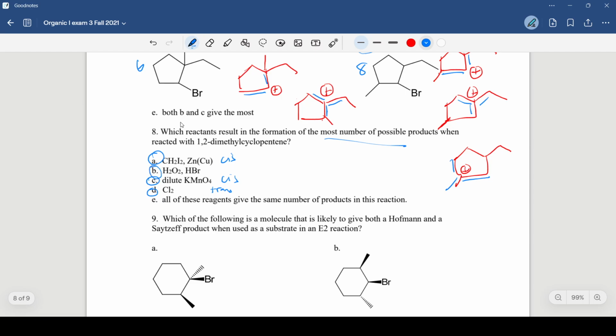This one does anti-Markovnikov, right? Let me just draw this out. Cyclopentene into dimethyl.